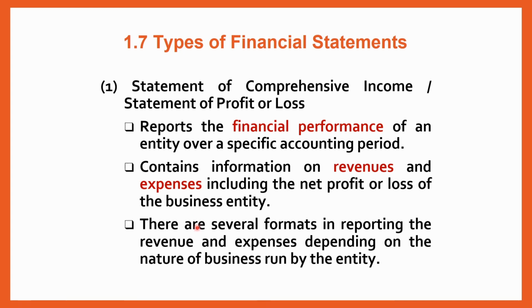There are several formats in reporting the revenue and expenses depending on the nature of business run by the entity. So this is the statement of comprehensive income, and it contains revenue and expenses.